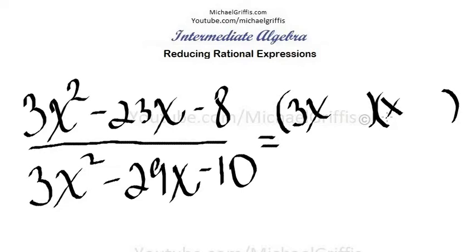Well, let's see. We'll write a different color here. So it's either going to be 8 and 1, 2 and 4. Those are our 2 possibilities. If I use 8 and 1, 8 times 3 is 24 minus 1. Hey, I think that might be it.